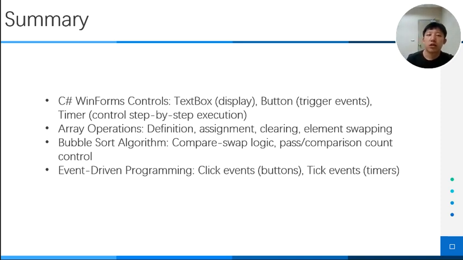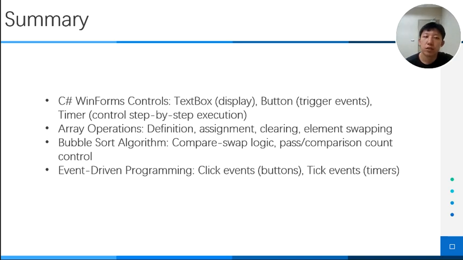This homework helps master 4 core knowledge points. First, using C# form controls: text box for showing things, button for triggering actions, timer for step-by-step control. Second, array operations: how to define, assign values, clear, and swap elements in an array.